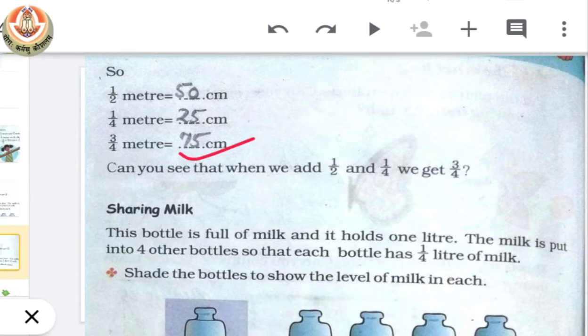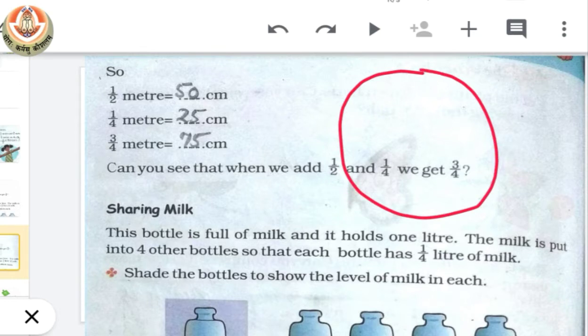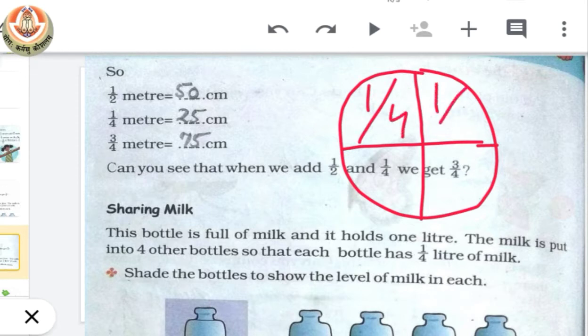Now can you see that when we add half and 1 by 4 we get 3 by 4? Yes. In that exercise of cake, do you remember in our first video we had an exercise of cake in which we have a cake, and we all know that when we divide it into 4 equal parts we have 1 by 4th, 1 by 4th, 1 by 4th, and here also 1 by 4th.